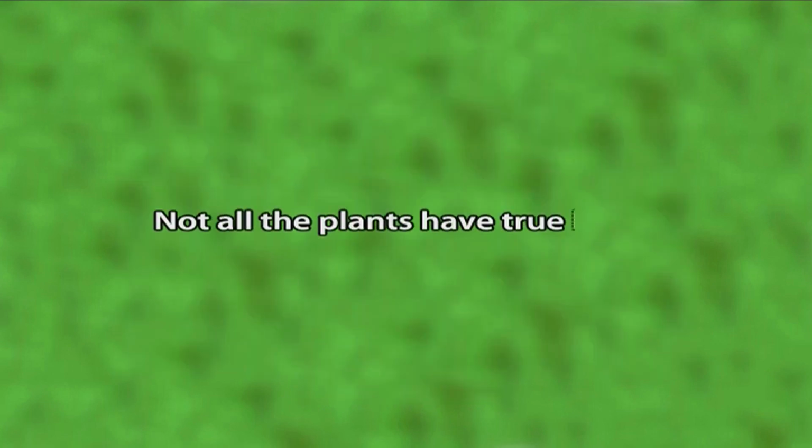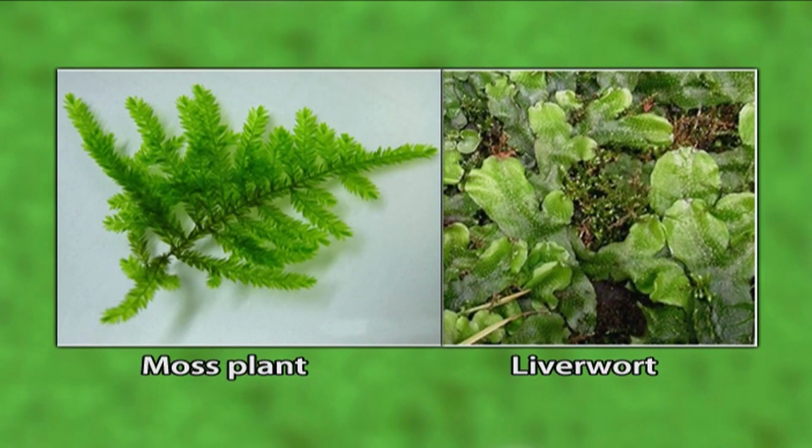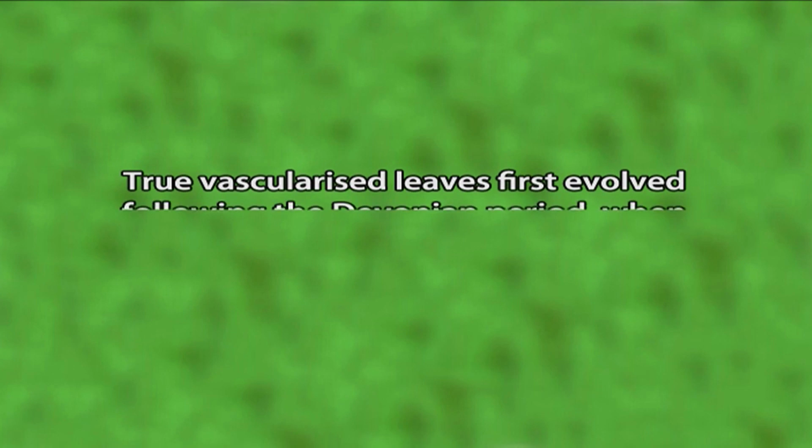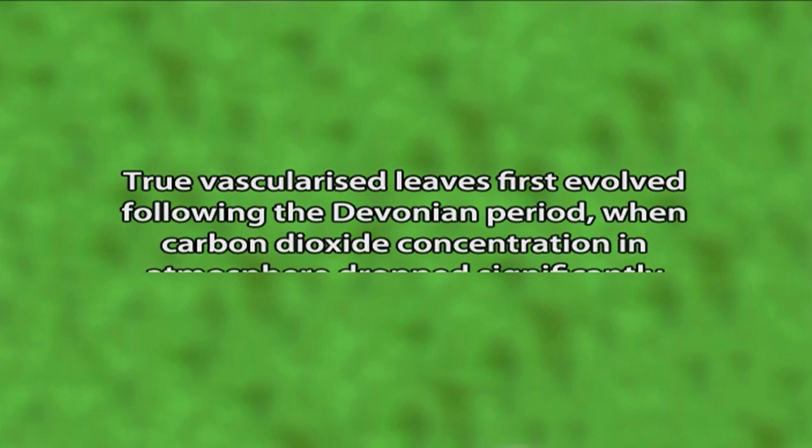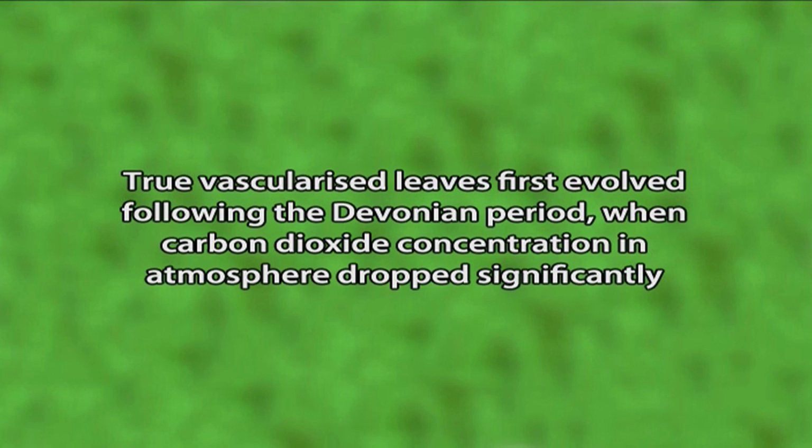Not all the plants have true leaves. For example, in bryophytes, mosses and liverworts produce flattened leaf-like structures that are rich in chlorophyll. These organs differ morphologically from the leaves of vascular plants in lacking vascular tissue, whereas the true vascularized leaves first evolved following the Devonian period, when carbon dioxide concentration in the atmosphere dropped significantly.